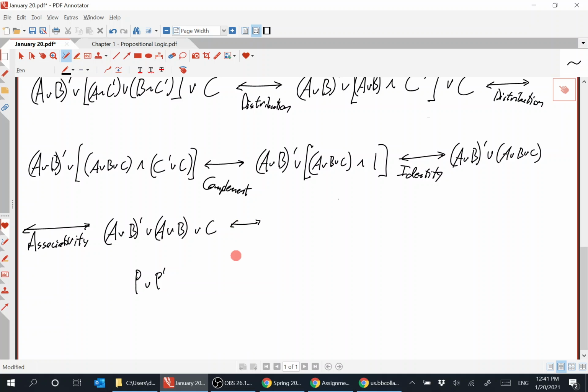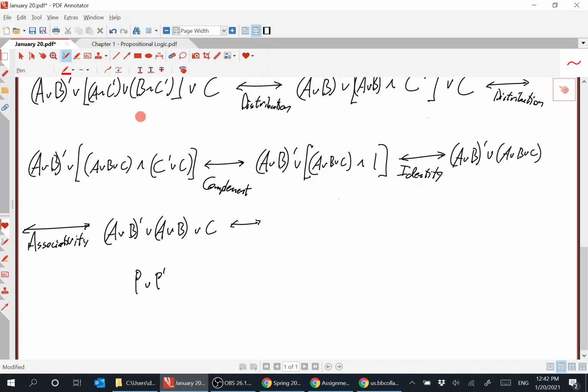We used that one already, right up here. C or C not was 1. Similarly, think of this as just one letter, right? P not or P is what? That's 1 again.